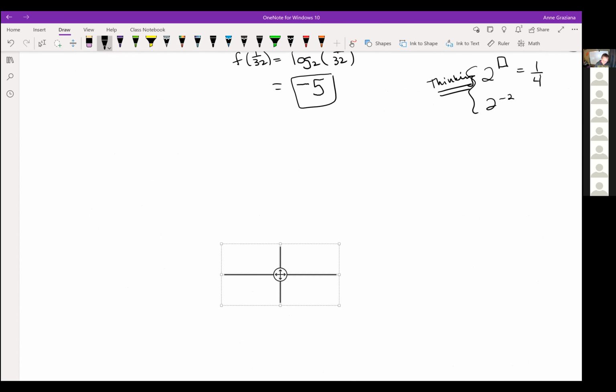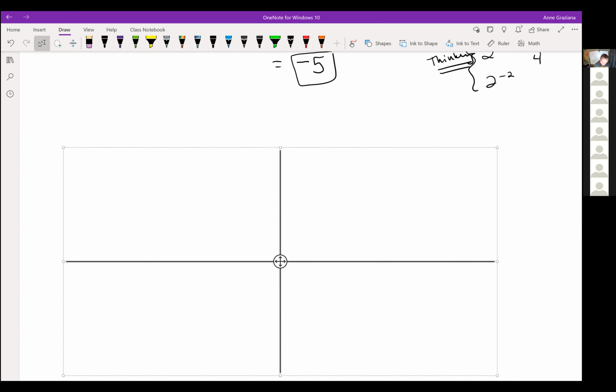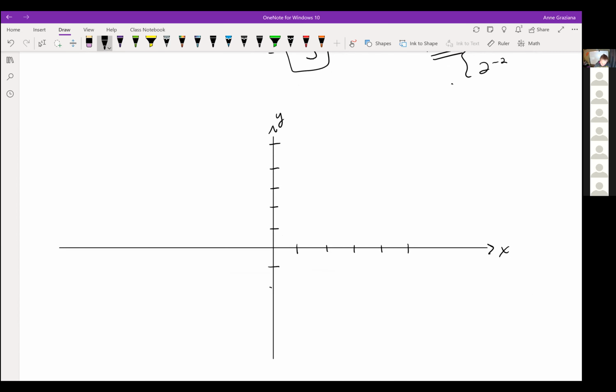I don't like that. Let's get rid of it. Start over. Okay, better. All right, so here's X and Y. And so I have 1, 2, 3, 4, 5 on each axis.